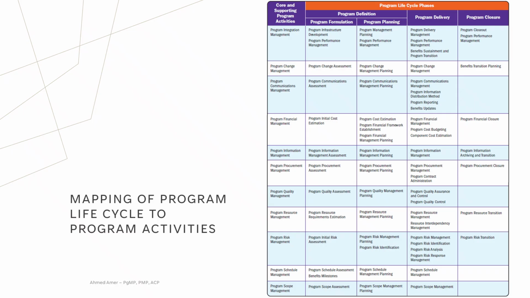But as we move into program planning, those early explorations evolve into structured, locked in planning activities. This is where decisions start taking shape, roles are defined, and the program management plan begins to solidify. That shift from exploring possibilities to establishing concrete plans is one of our key takeaways today.